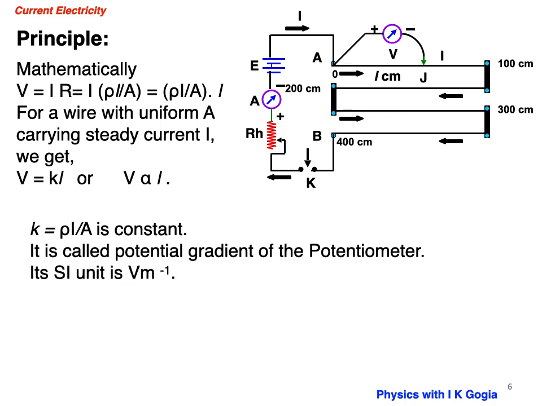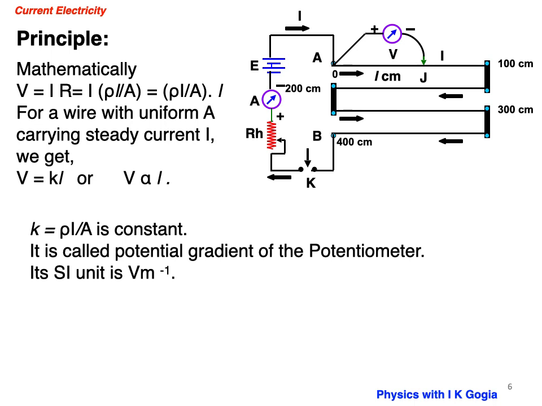One thing here needs to be mentioned, that a smaller value of the potential gradient gives a more sensitive potentiometer, meaning the accuracy of measurement will improve if we reduce the value of K. That is why we make use of a fairly long wire, minimum 4 meter, maybe 6, 8, 10 meter.